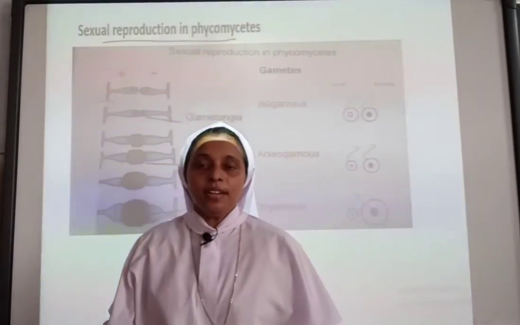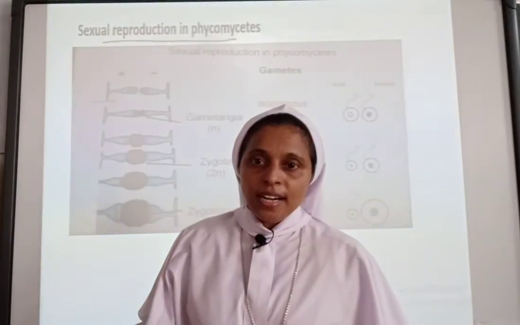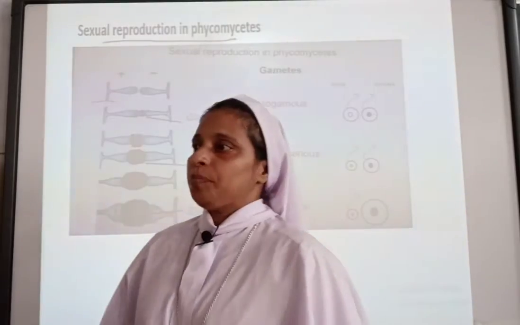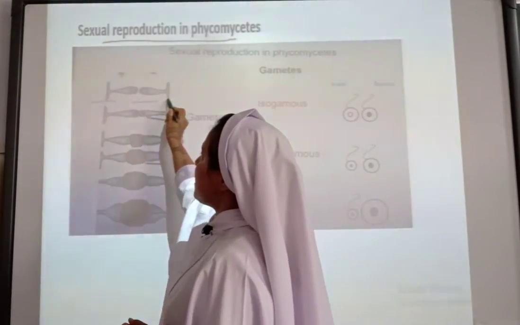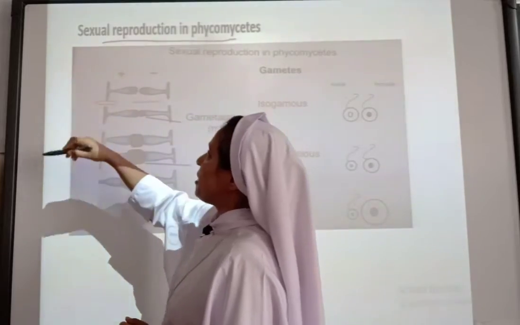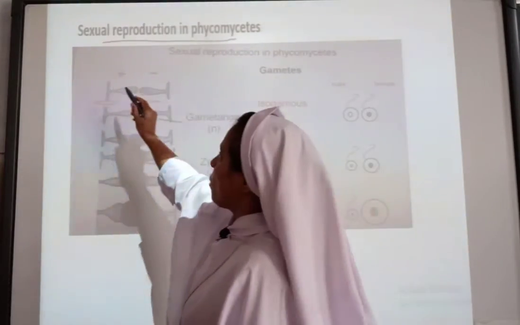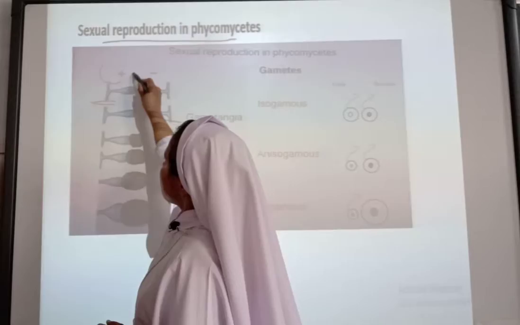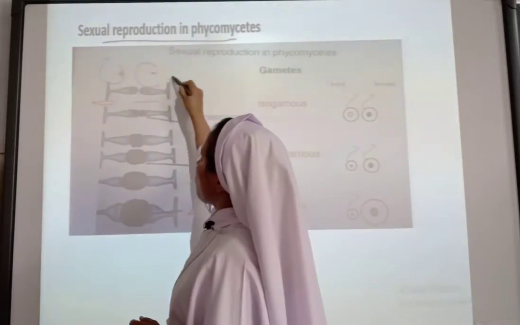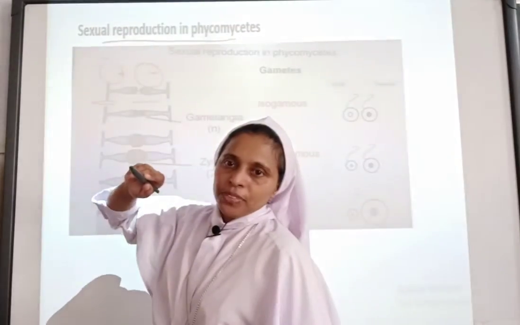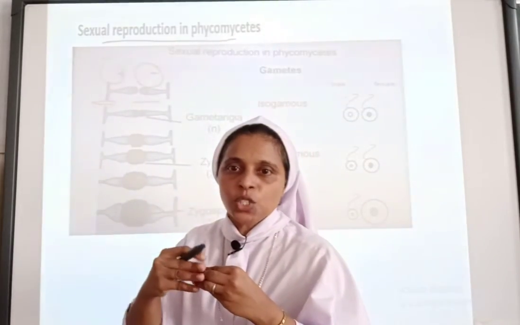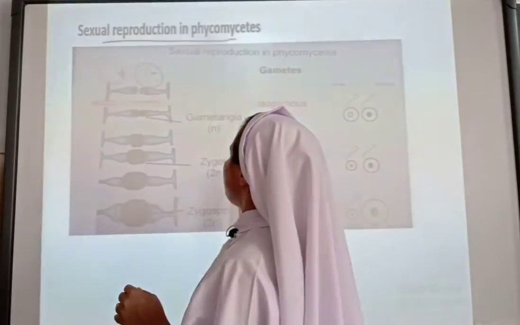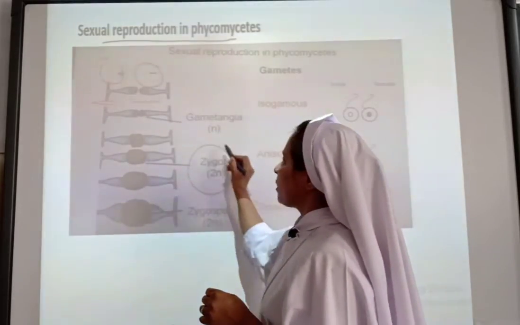The sexual reproduction in phycomycetes. So here two different hyphae, you can see here the two different hyphae. One we can call the female hyphae and the other one we can call the male hyphae. So this male and female hyphae fuse together to form a zygote.